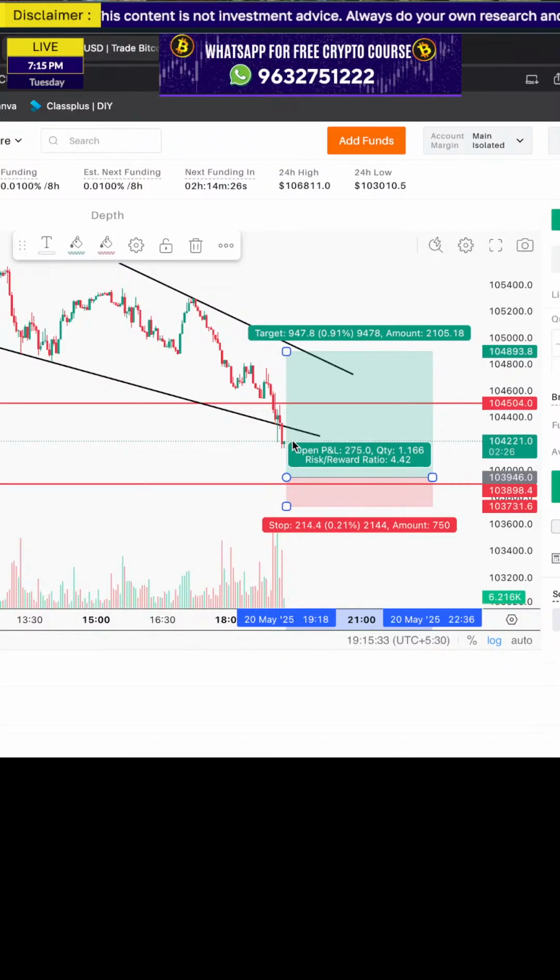We'll see, traders, let the market come to the lower end. Here, any interesting entry if I get, I will try that.